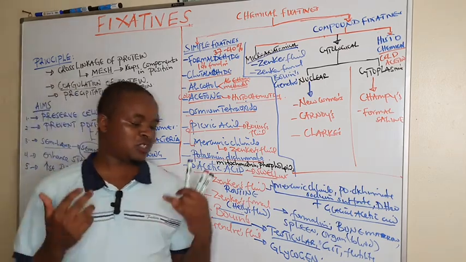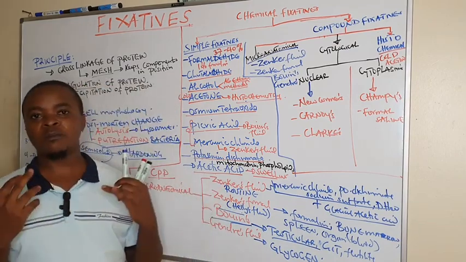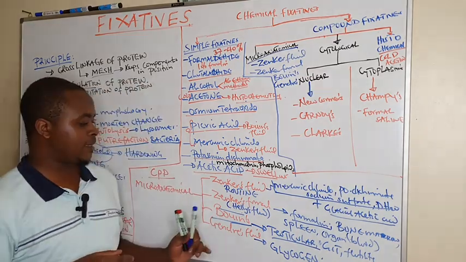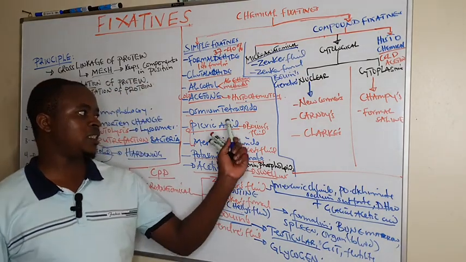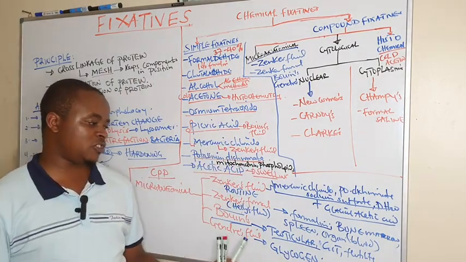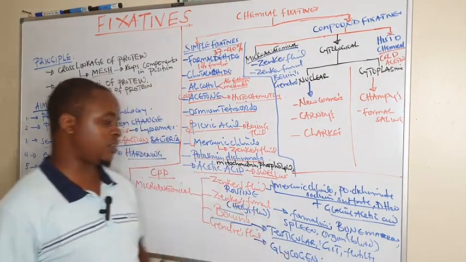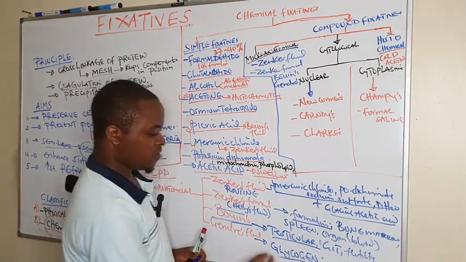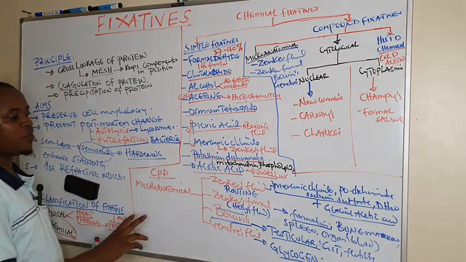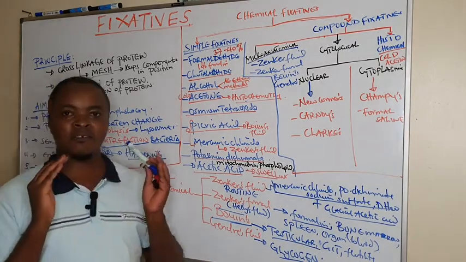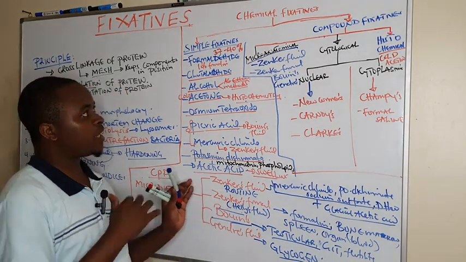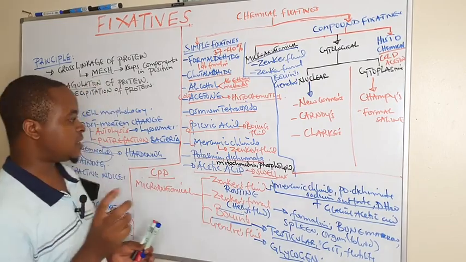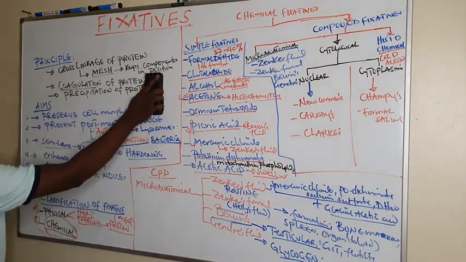If they ask you which is used for preserving testicular or GIT biopsies, that is Bouin's fluid, which contains picric acid and acetic acid together with formaldehyde. Then Gendre's fluid is for glycogen. So it is very important to understand the function of each, apart from knowing that they work on the principle of preserving the cell morphology or the anatomy.